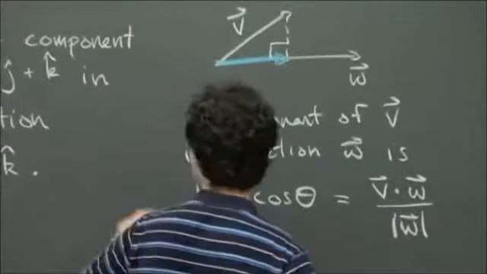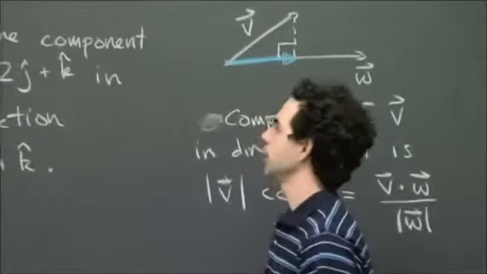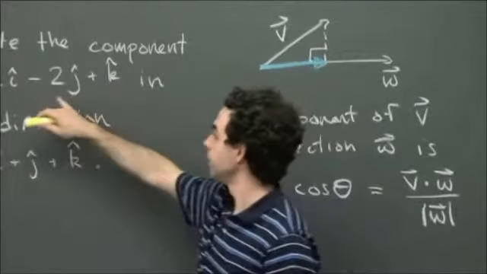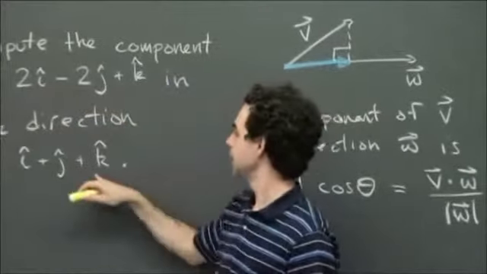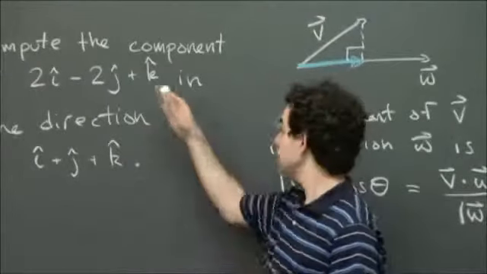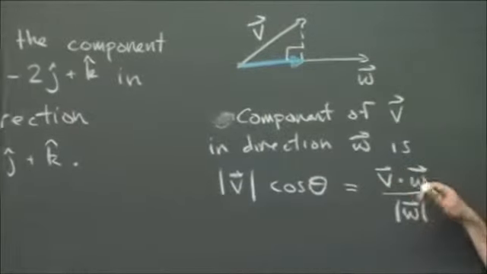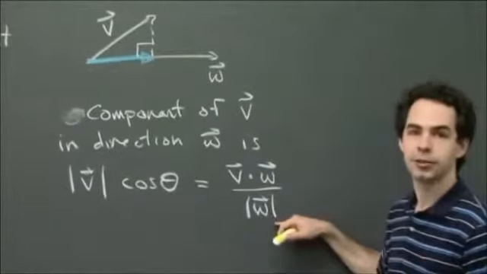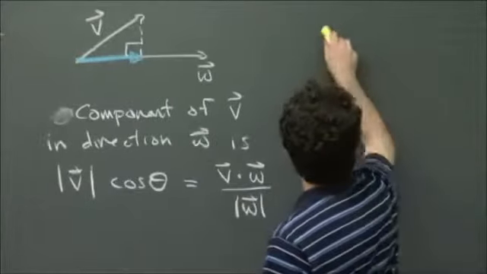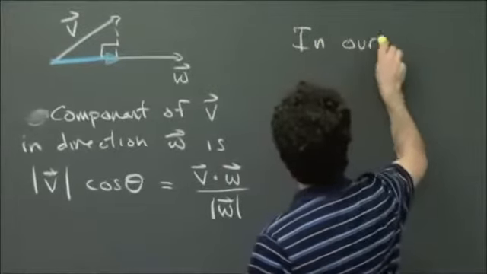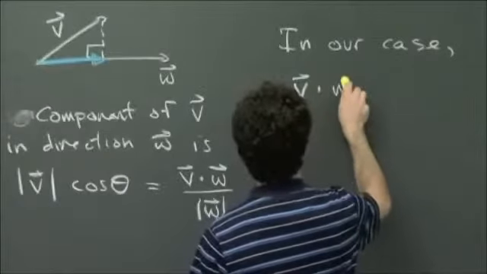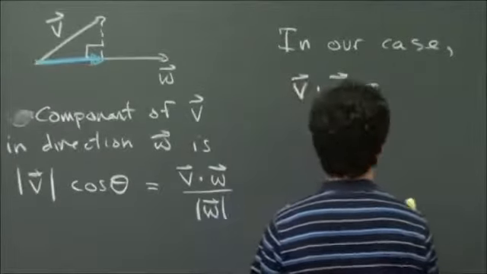And indeed, in this problem, we're given v and w in their nice coordinate forms. So we're given that our vector v that we want the component of is 2i minus 2j plus k, and the direction w that we're looking at is i plus j plus k. In our case, we just have to compute these expressions, v dot w and the length of w, in order to put them into this formula, and then we'll be done. So v dot w, well, that's straightforward because we're given v and w in coordinates.